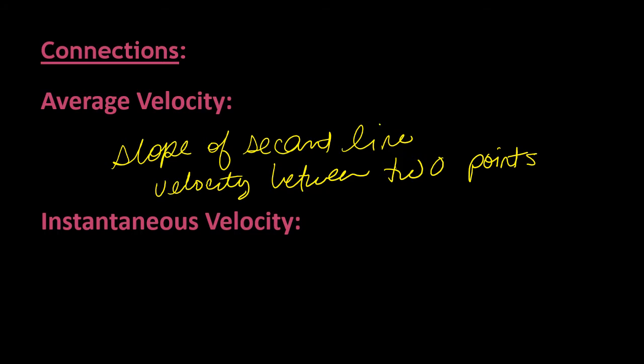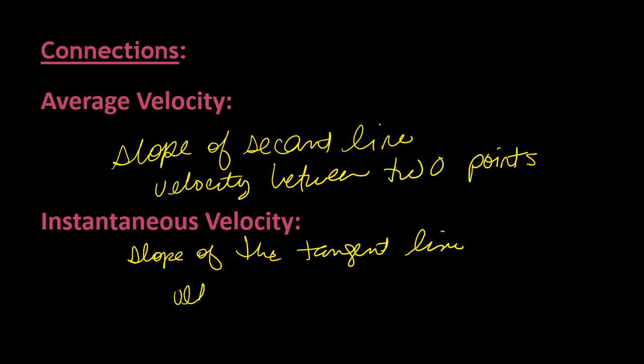So you could have sped up, slowed down, whatever, but it's only going to tell you what's happening from point 1 to point 2, whereas the instantaneous velocity is the slope of the tangent line. And basically, the instantaneous velocity is the velocity at that one moment in time.